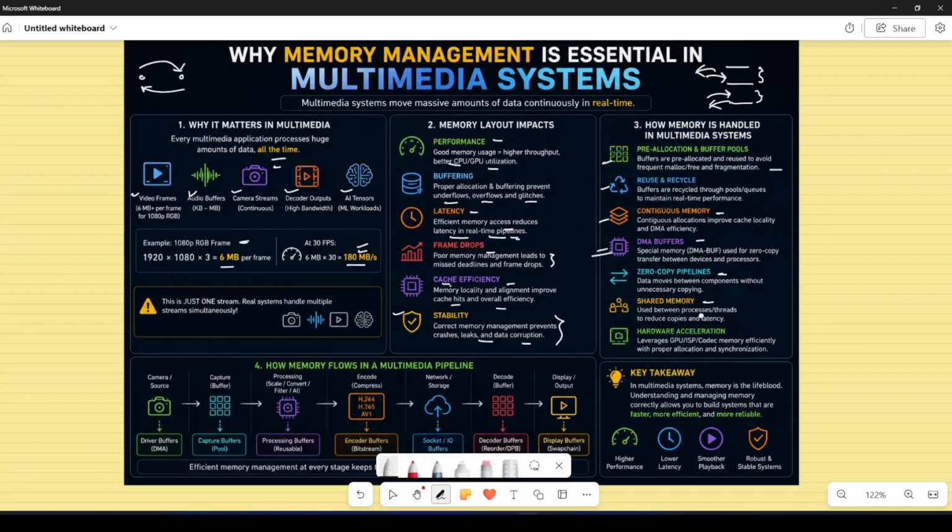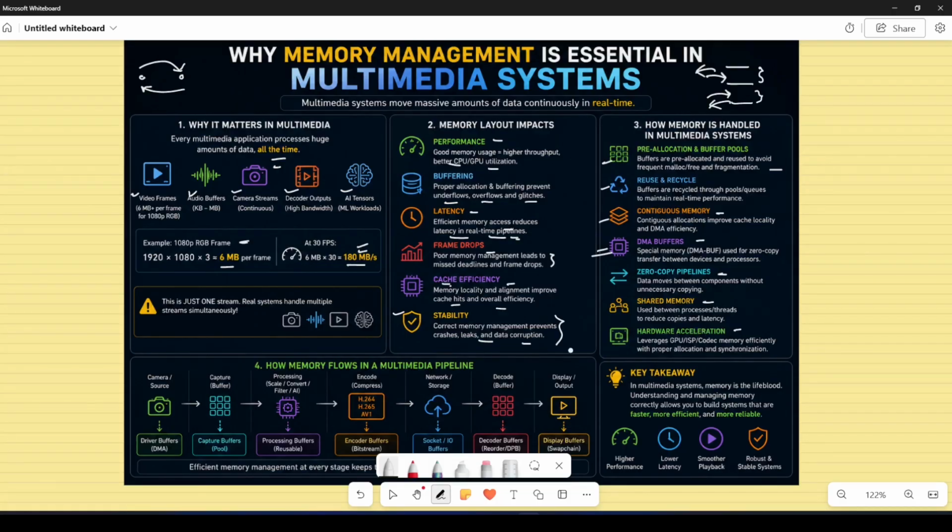And shared memory, right? And hardware acceleration. Hardware acceleration is next level kind of handling, where the modern multimedia pipelines use hardware acceleration everywhere, right?